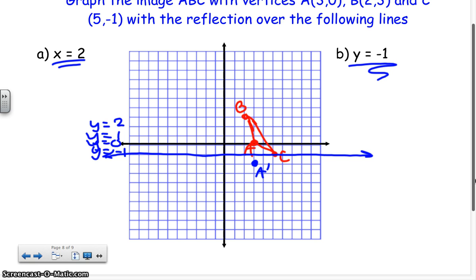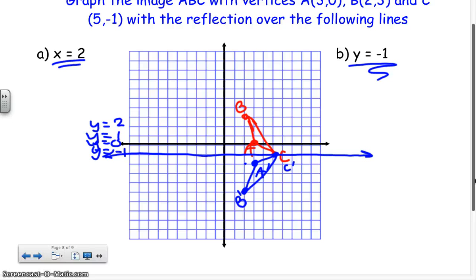Let me recount that. 1, 2, 3, 4. So B prime is going to be 1, 2, 3, 4 away. C is right on it, so C prime is going to be right on it. And I have the triangle A prime, B prime, C prime. Perhaps you can actually do that visualization of how it looks.